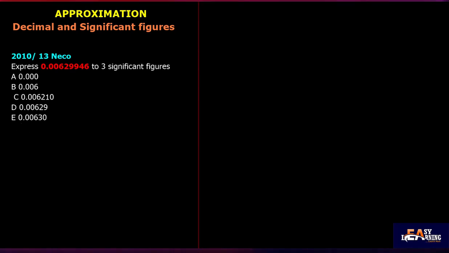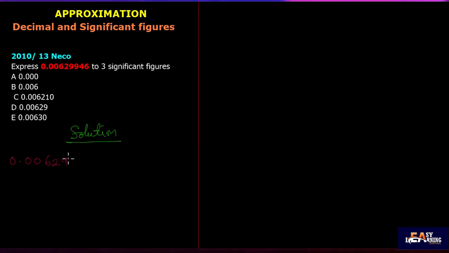Okay, so I want to believe you've gotten your answer, and let's solve it together. Let's take the solution of this. So this is what we are given: 0.006299946, and we are to express it in three significant figures.